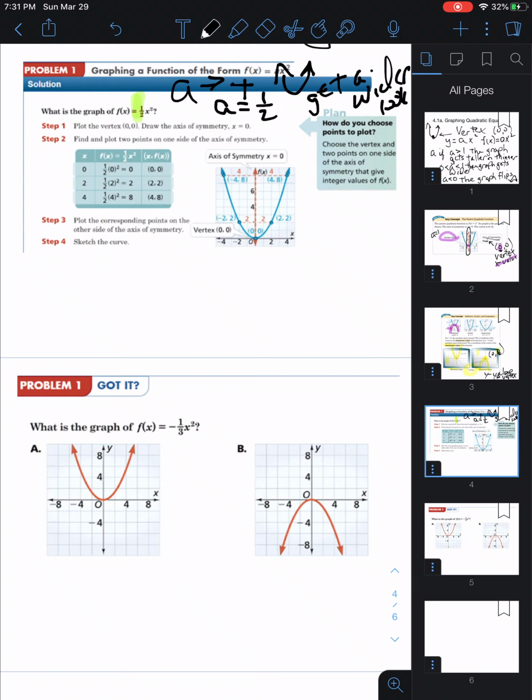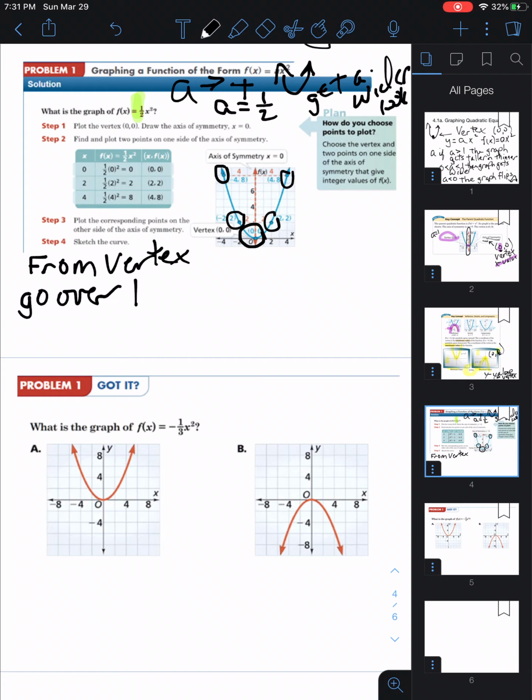So you would first plot your vertex at (0, 0). Now there's a simple way of doing this. I'm going to show you the shortcut, and I will give you these 5 points in my shortcut. From the vertex, which is at (0, 0), you go over 1 unit, and up 1 a.